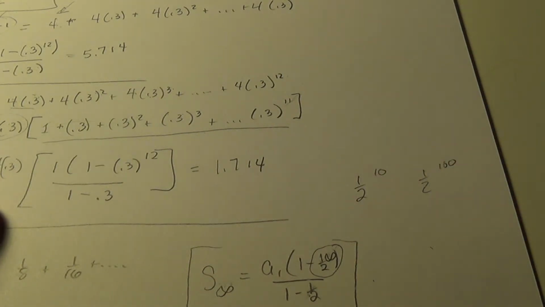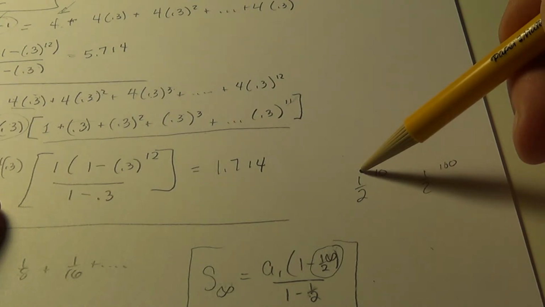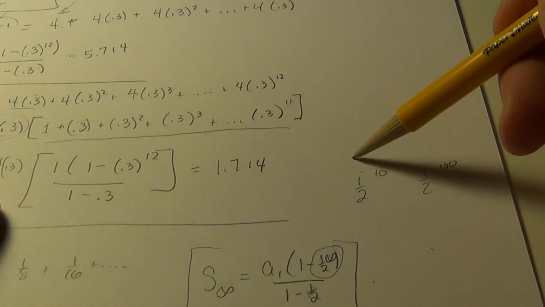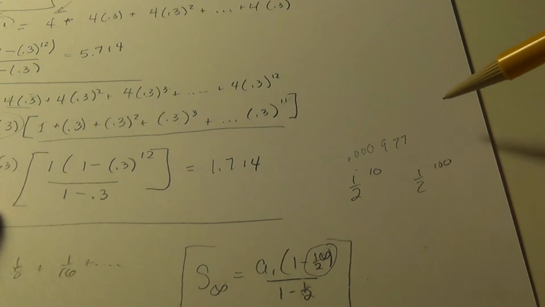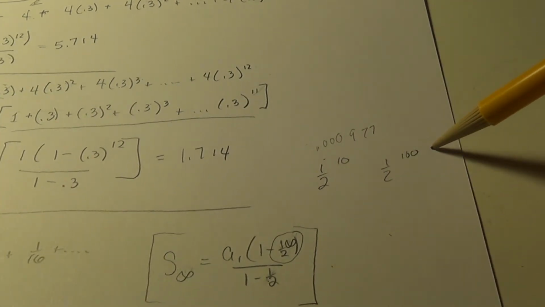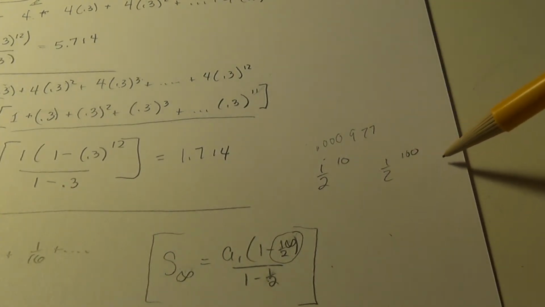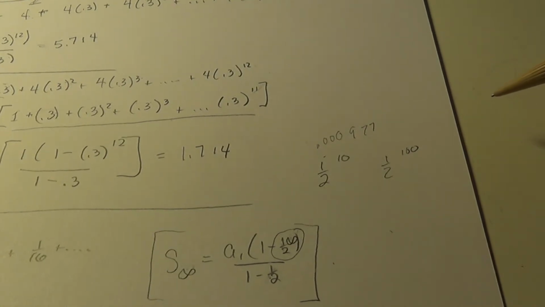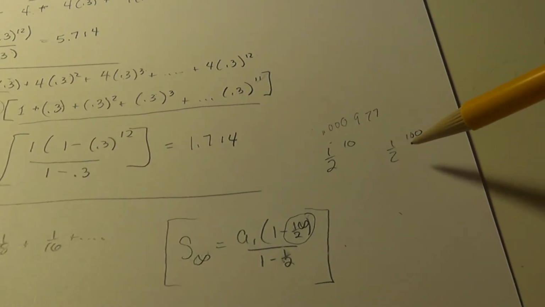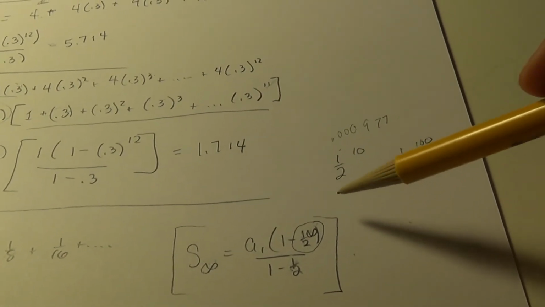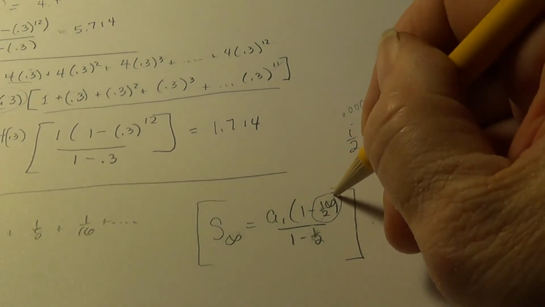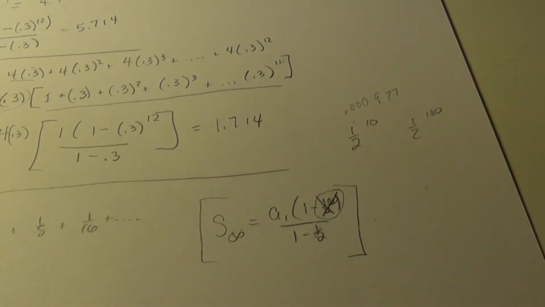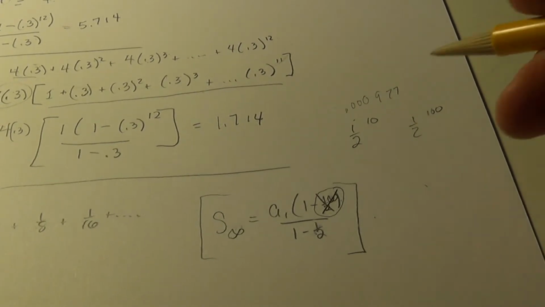When you do that, 1/2 to the 10 is about 0.0009765, and 1/2 to the 100 is about 0.0000000000000000000000000000008. So you can see that 1/2 raised to infinity is actually 0 exactly. So we can drop that, it zeroes out, and look what's left.